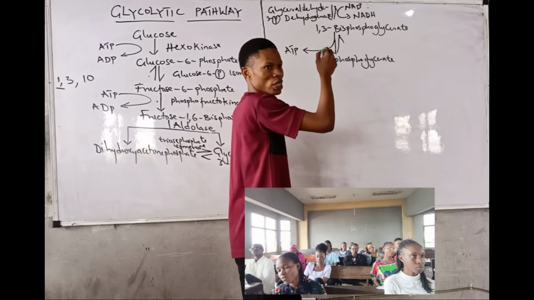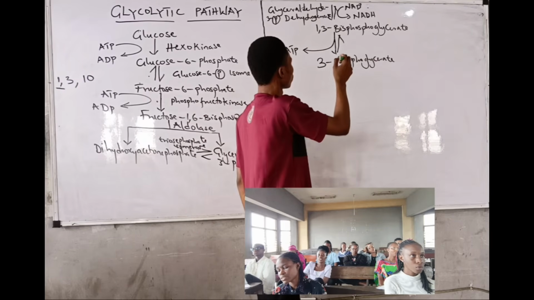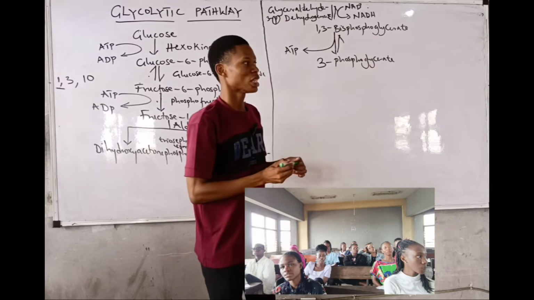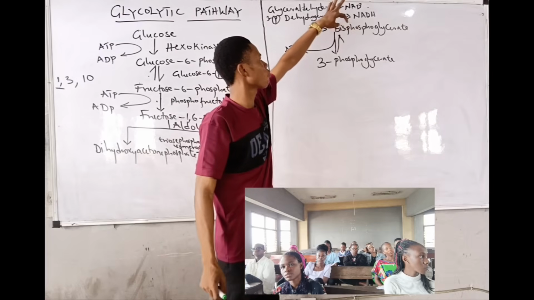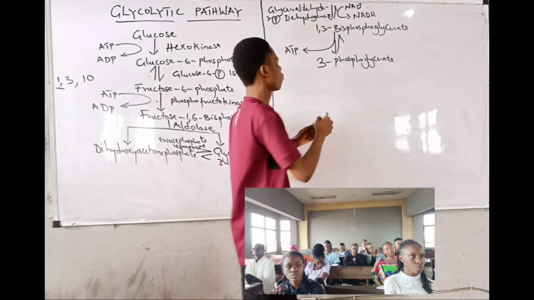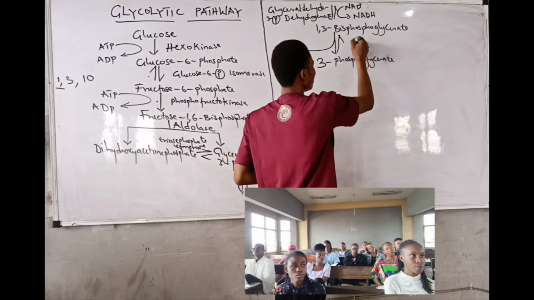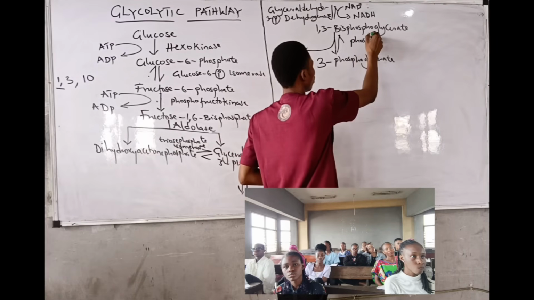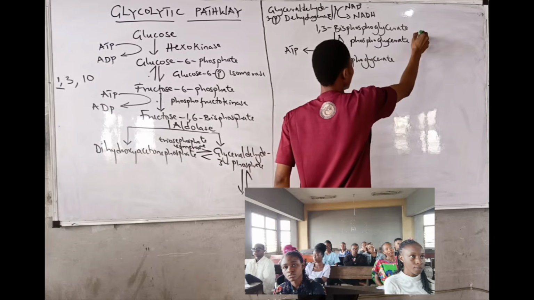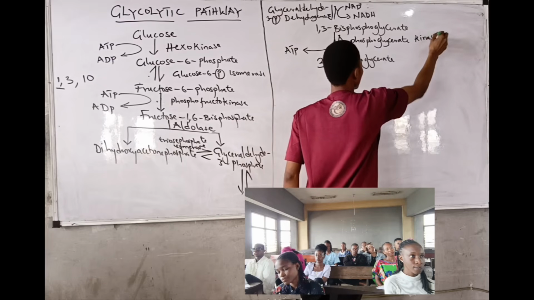And what's the name of the enzyme catalyzing this? Phosphoglycerate kinase, right? There is a transfer of phosphate group now from this to ADP, to form ATP. So phosphoglycerate kinase. This is the name of the enzyme.